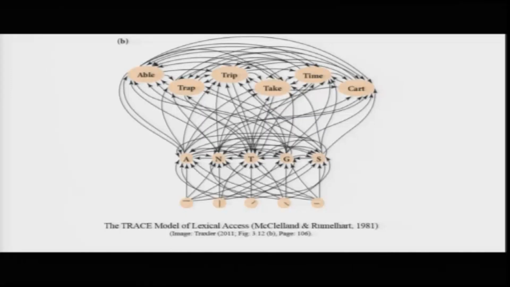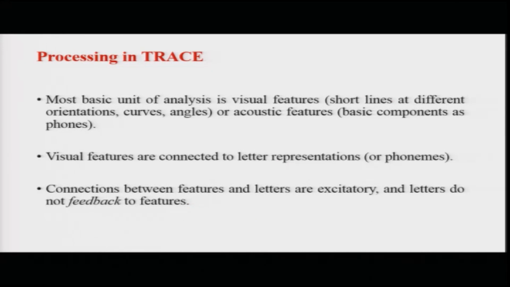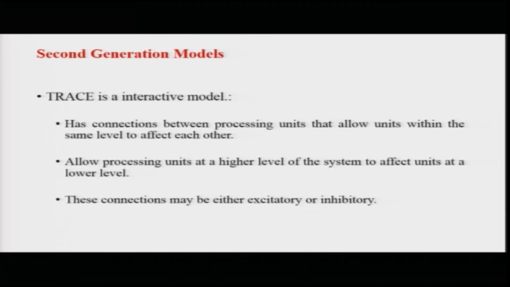You can see that the letters are also connected to each other and the words are also connected to each other. Also, the processing units at a higher level can affect the processing units at a lower level. There is also some kind of feedback from the word level to the letter level, but no feedback from the letter level to the feature level. That is also there, you have to remember that.